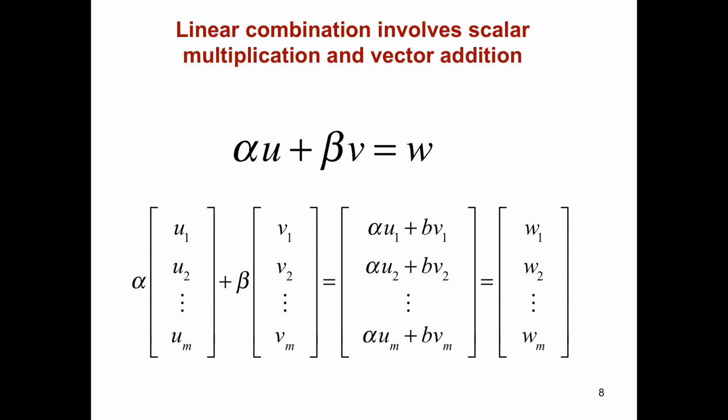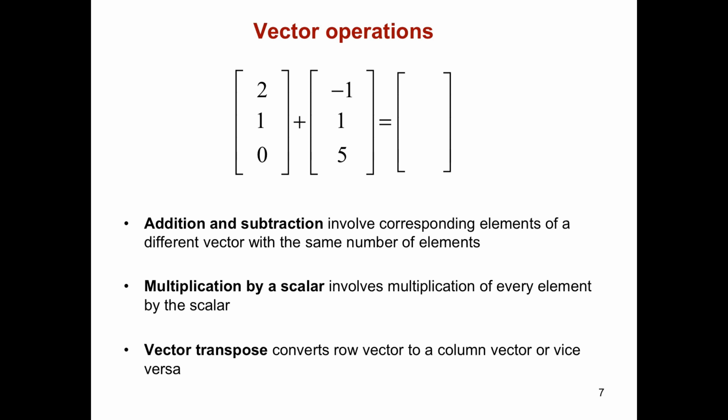Okay? So when I go to 2, 1, 0, my vector from the previous page, it's 2 times 1, 0, 0, plus 1 times 0, 1, 0, plus 0 times 0, 0, 1. Okay? So I'm expressing it as a linear combination of three base vectors.